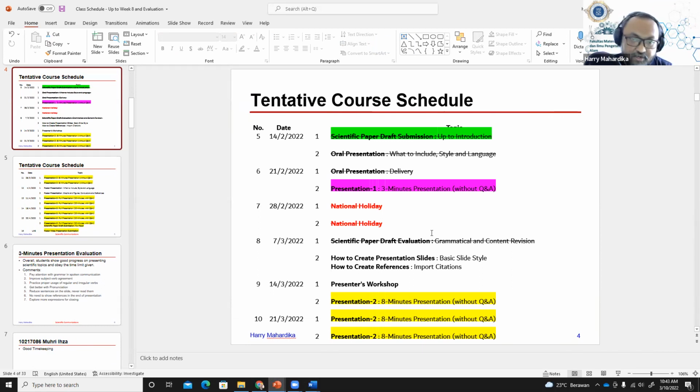I guess we already talked about it, so we don't need to talk much about how we import citation into our paper or into the PPT. However, if you have questions regarding how to import citation, I will let you do that probably on Monday when we have the presenter workshop. But I guess we could just move on to the next session, which is basically the preparation for your 8 minutes presentation.